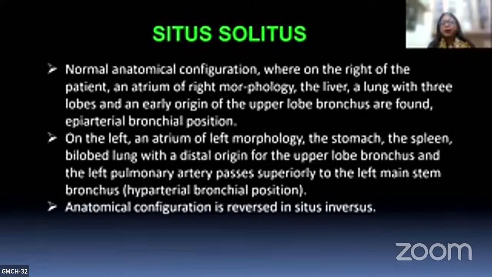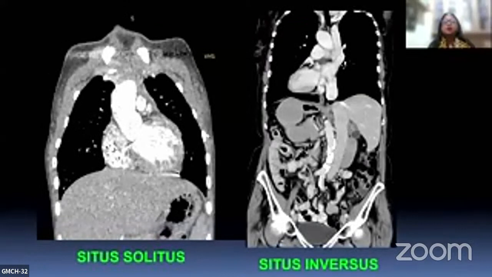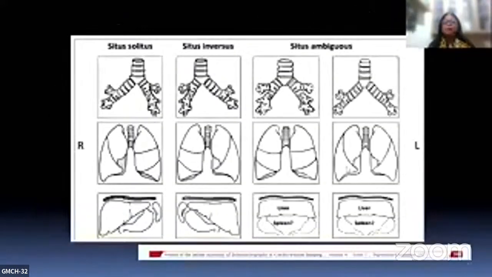And if the anatomical configuration is reversed, it is a situs inversus. So this is how a situs solitus will look, which is what we normally see, and situs inversus is totally mirroring of this, where the heart is on the right side, the liver is on the left side, the spleen is on the right side. So this is how a situs inversus will look.